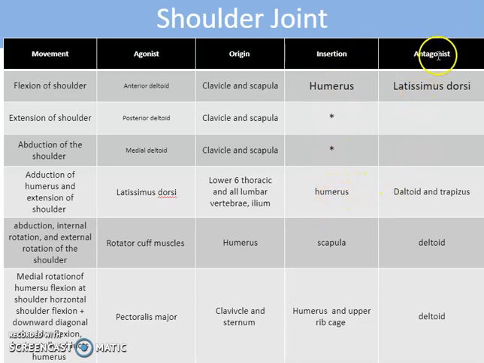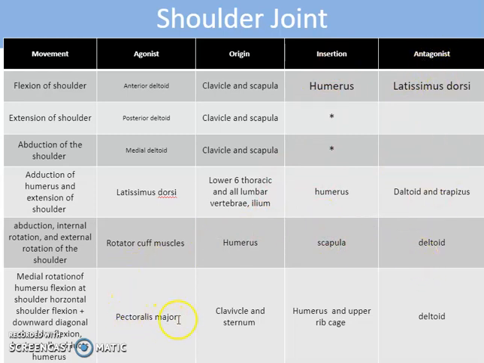The antagonists of the latissimus dorsi are the deltoid and the trapezius. When the agonist is the rotator cuff muscles, it can perform abduction, internal rotation, and external rotation of the shoulder, with the origin at the humerus, insertion at the scapula, and the antagonist being the deltoid.